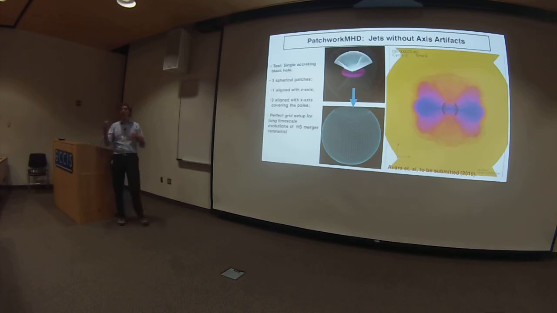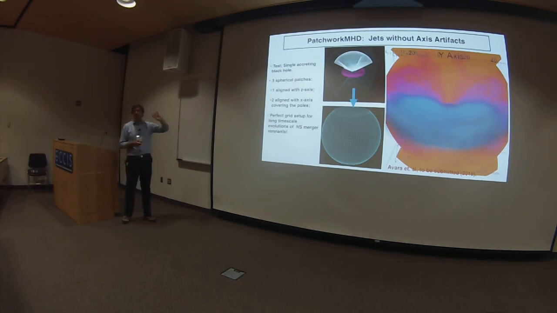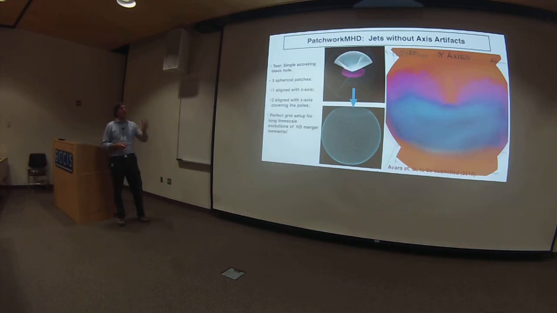For the post-merger project, we hope to do long-term, maybe second-long timescale simulations of the post-merger products. In order to do that, you need to resolve the jet region very accurately if you want to simulate the GRB jet that possibly forms from these systems. Spherical coordinates are not so great on the axis, so one way to remove the coordinate singularity there is to cover it with a patch.